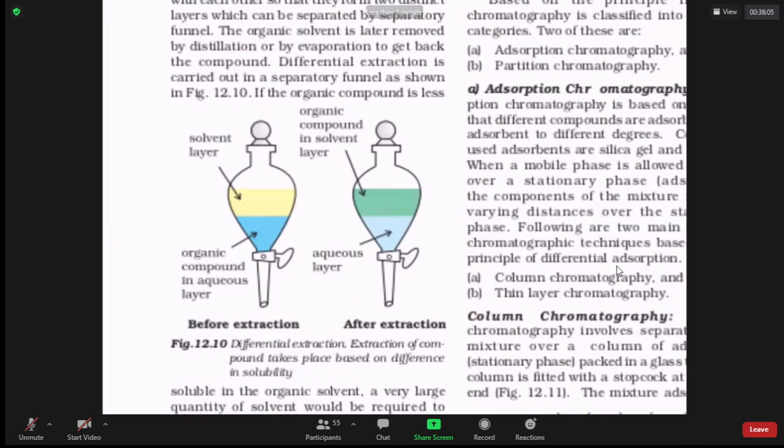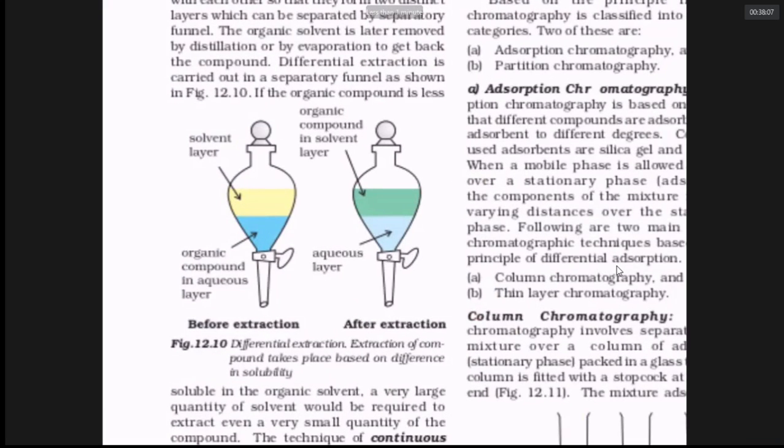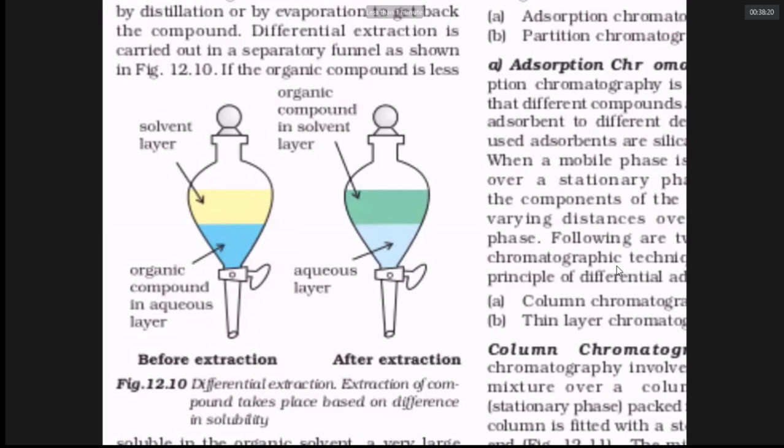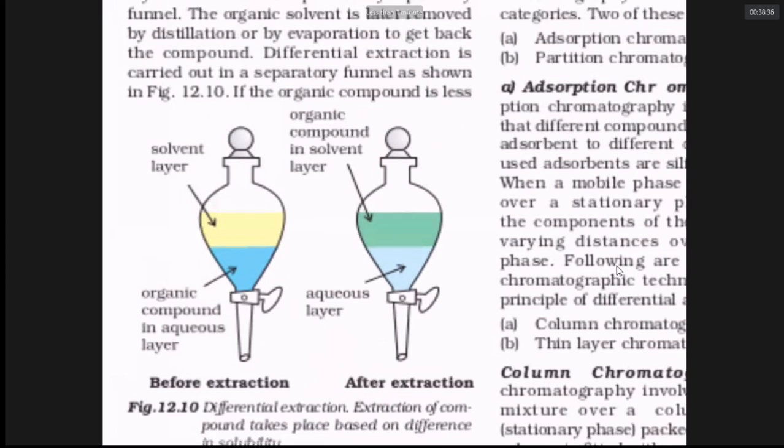The organic component is in the aqueous layer originally. We are pouring a yellow colored organic solvent. Organic compounds dissolve in organic solvents but not in water. Therefore, from water on shaking it goes into the organic solvent. Now it has got some green color. Now if you open the tap, all the aqueous layer goes out first, keeping the organic compound in the organic solvent. If you distill the organic solvent, you get the pure organic compound. This is differential extraction.